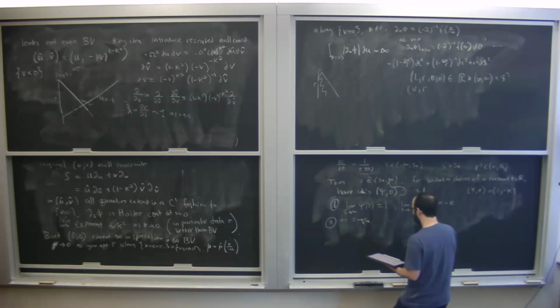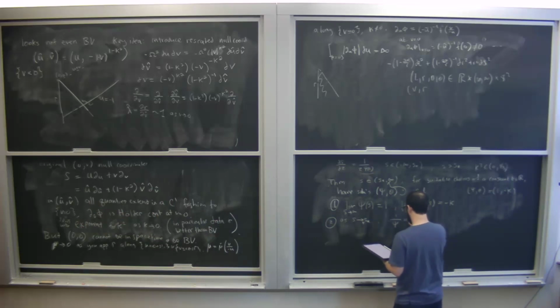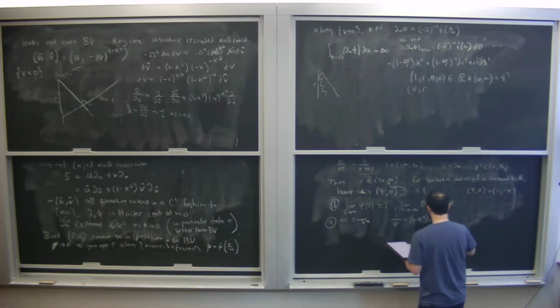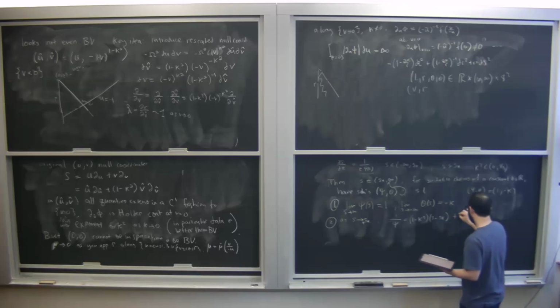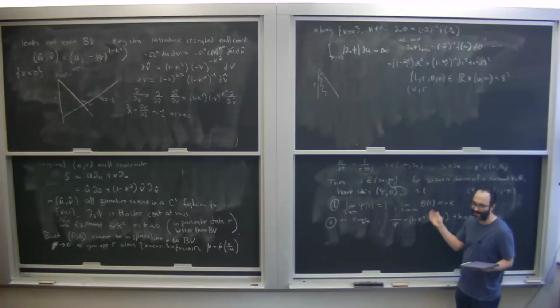All right, but you don't see it with this psi, because it just behaves the same as it did on the other side. So at this level of detail, I'll just say plus higher order terms. This is what it looked like on the other side.